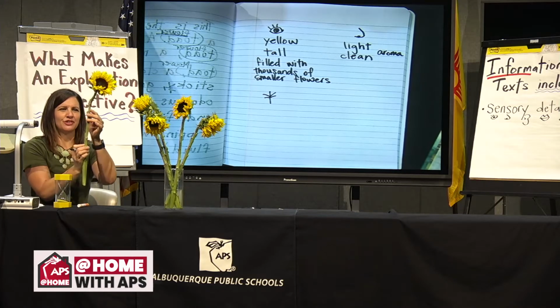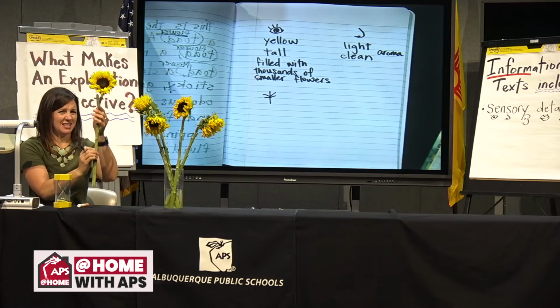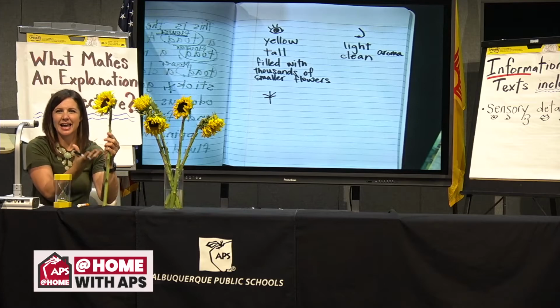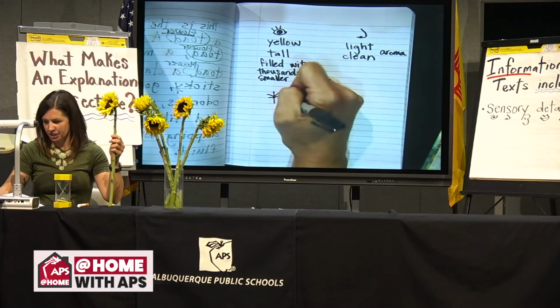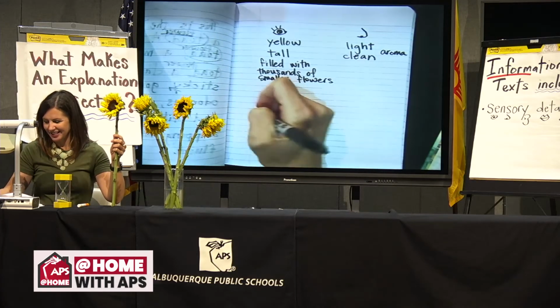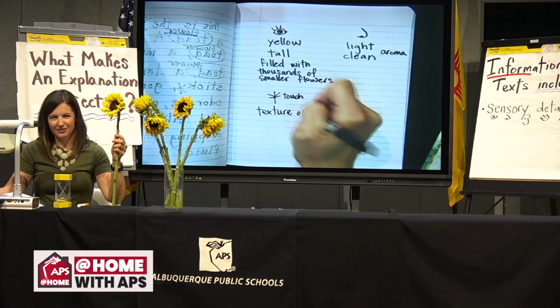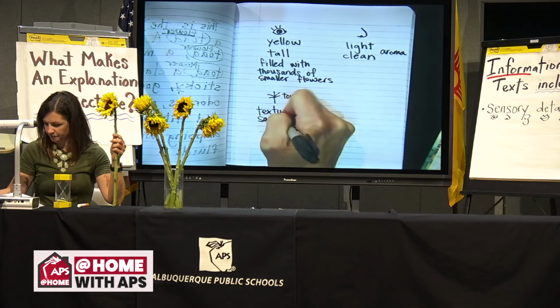It almost feels like it might cut me, but it's not cutting me, but it is not soft at all. It's almost like the texture of sandpaper. Oh, I'll put the word touch. Texture of sandpaper.